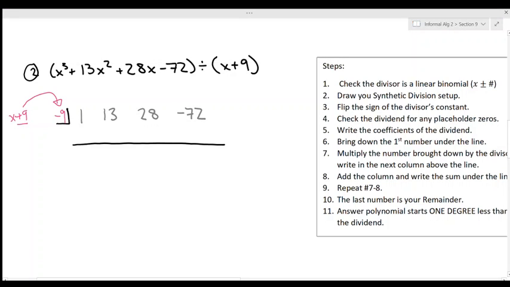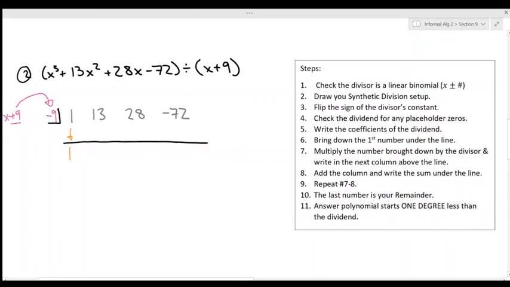Now, our first step is we always bring down the first number under the line. So we bring that 1 under the line. Then we have to multiply that number we brought down by the synthetic division number. So we have to multiply by this -9. So 1 times -9 is -9, and we write that underneath our next number.